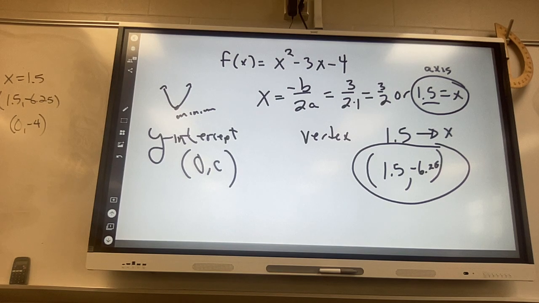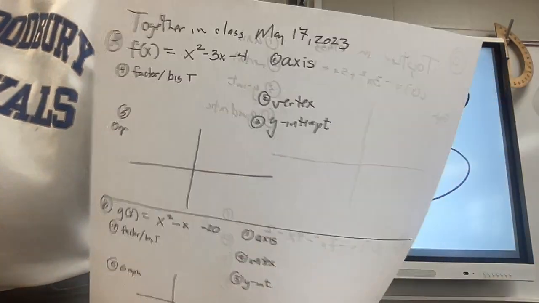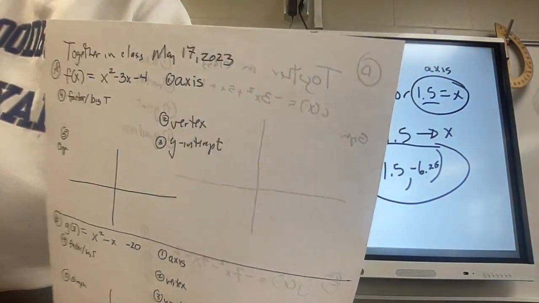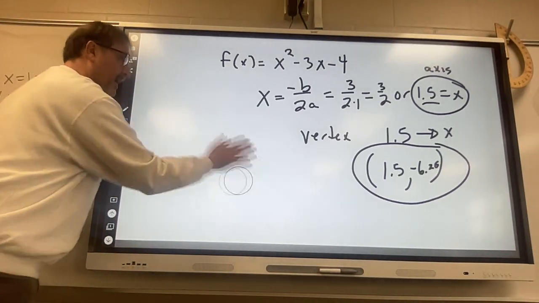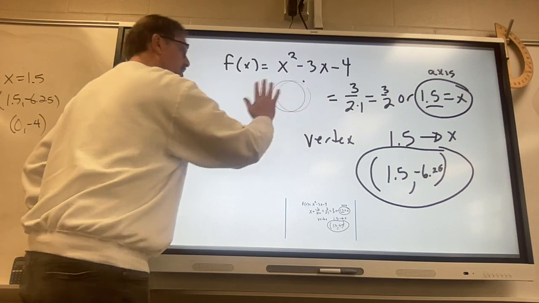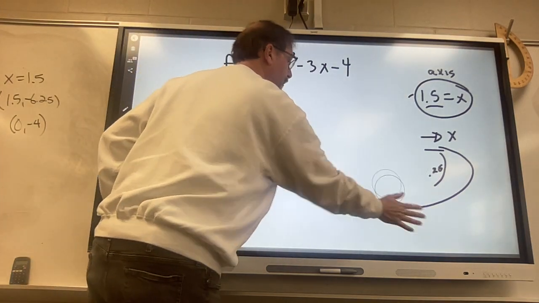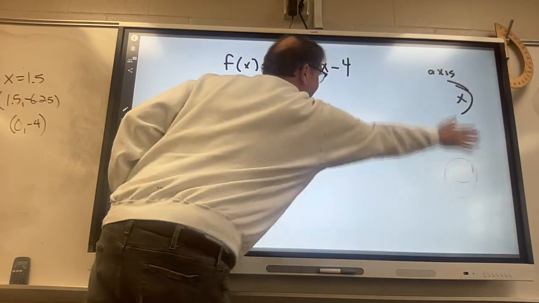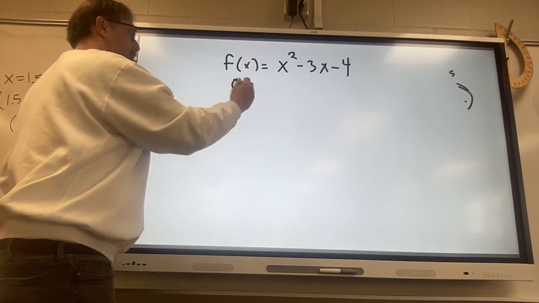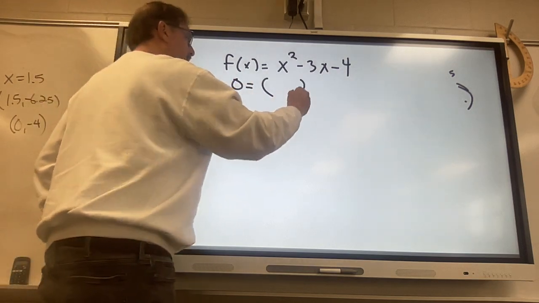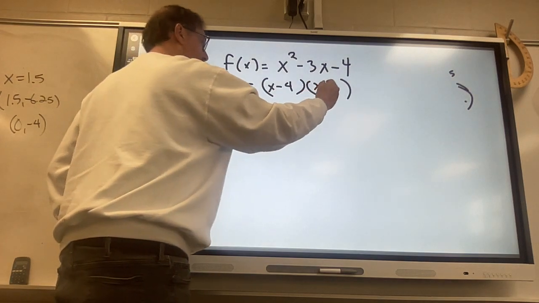All right. You will see on your little sheet, or those of you at home, step 4 says to factor and do the big T. So while I'm erasing this, would you factor and do the big T? By the way, we'll make that say 0. It multiplies to be -4, adds to -3.